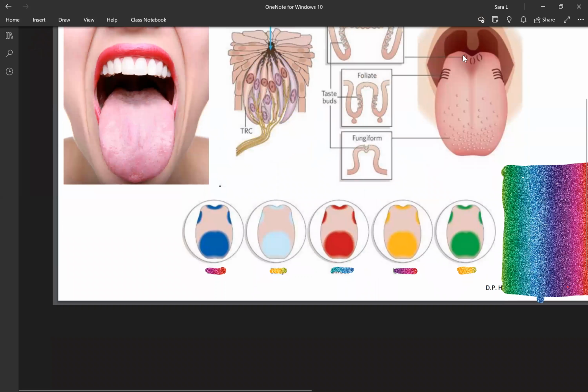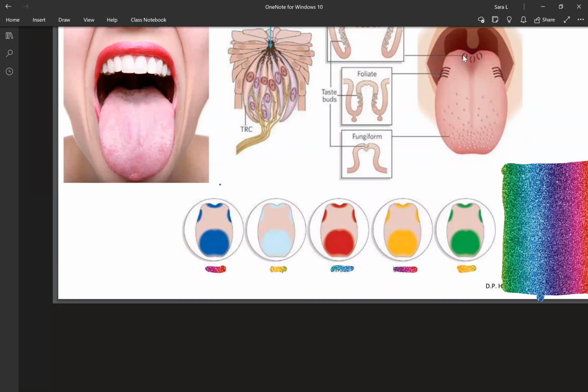And using these ion channels, we can receive many different types of tastes. They're received through different ions entering these taste buds. The five tastes that we have are bitter, salty, sweet, umami, and sour.